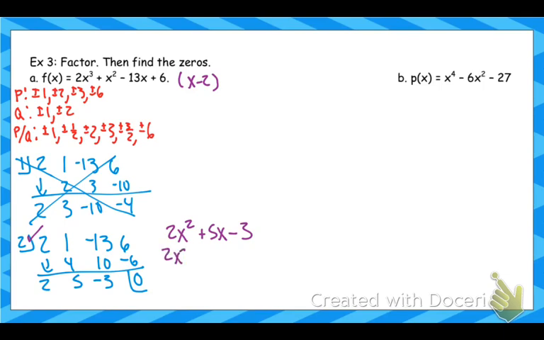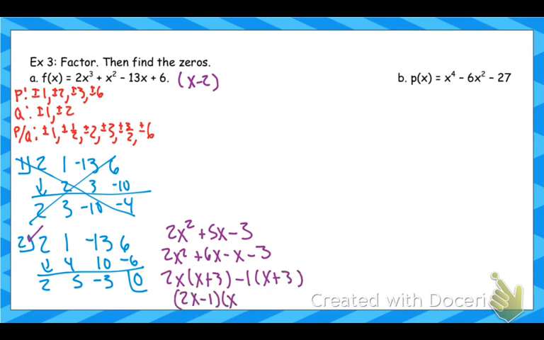We split the middle into those two numbers. 2x comes out, minus 1 comes out, and I get 2x minus 1 and x plus 3. Those are the other factors that go with the x minus 2. So that is the factored form of that polynomial.